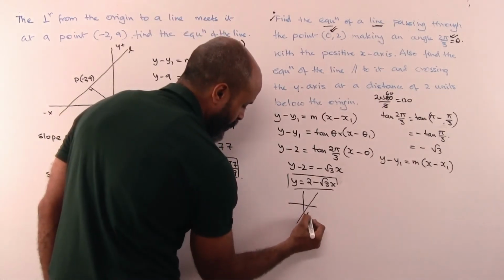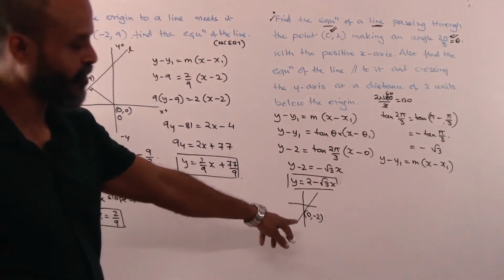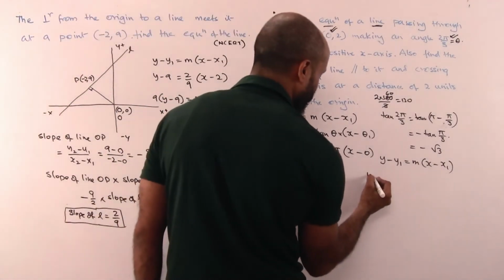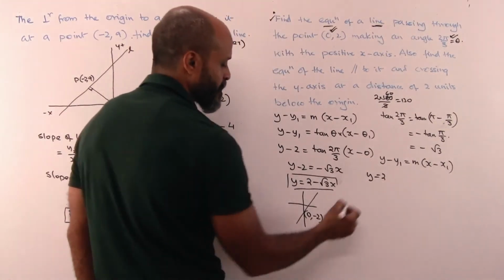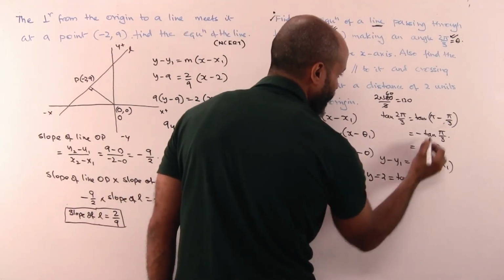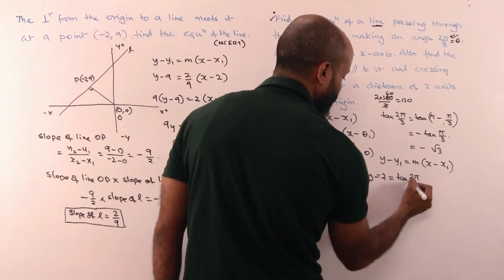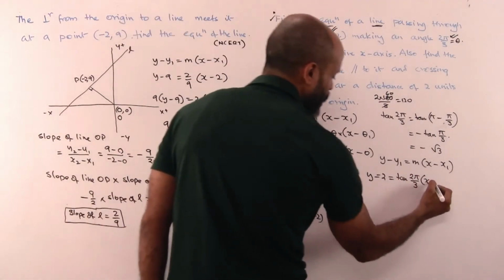So here what will be the coordinates? (0, minus 2). So we know one point out here, (0, minus 2). So just putting in the values, y minus (minus 2) is equal to m, m will be how much? Same, tan 2π/3 into x minus 0.